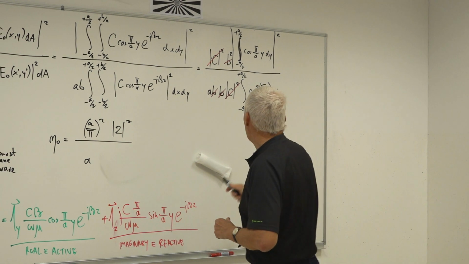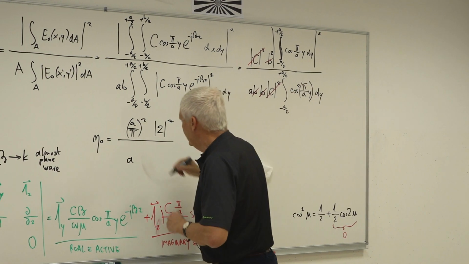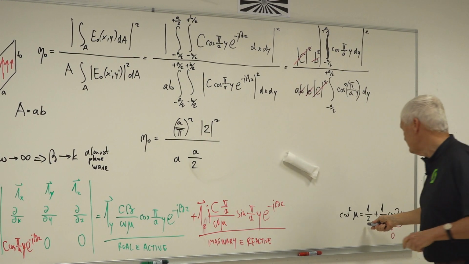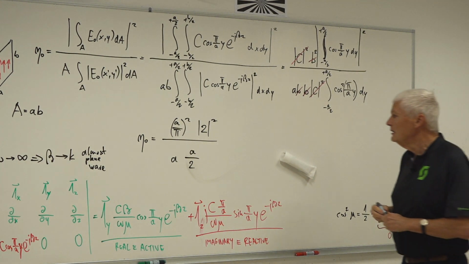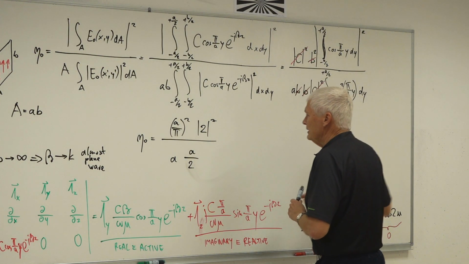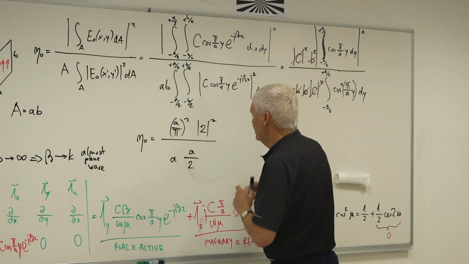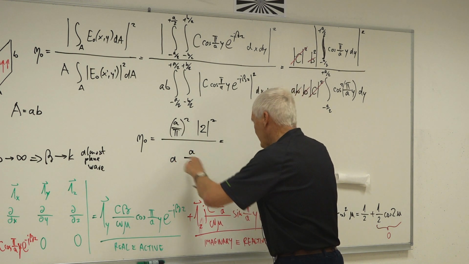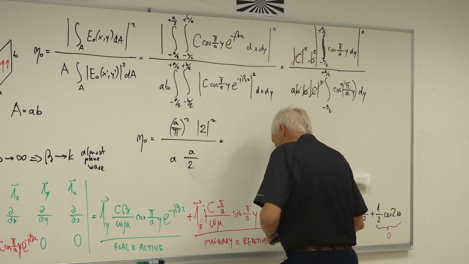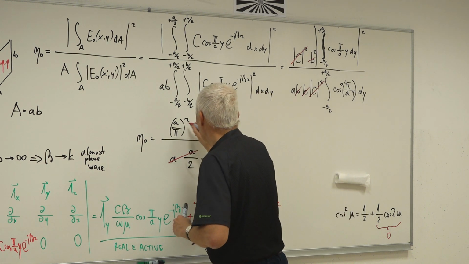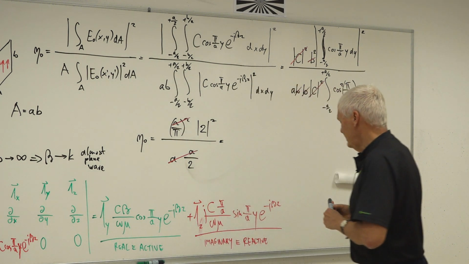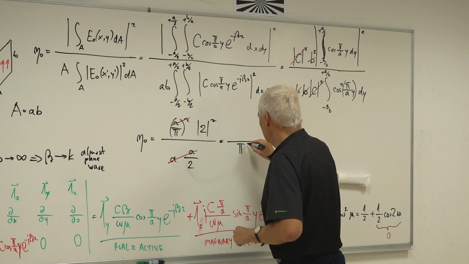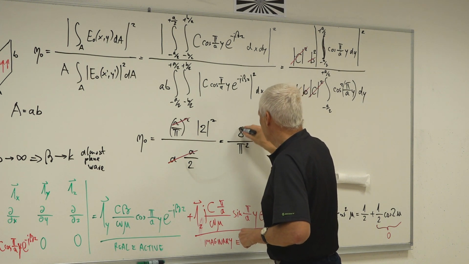So it's a half if we take just this term for the integral. Now we see what happens here: a squared and a squared cancel out, and we have pi squared in the numerator and 8 in the denominator.